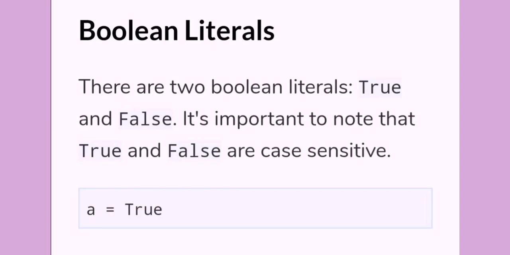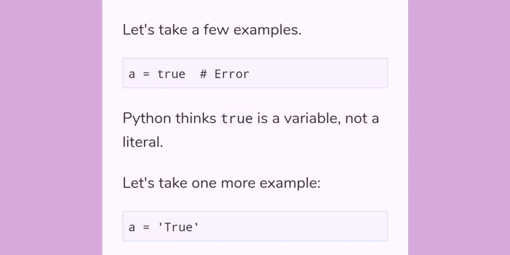Now we will see the Boolean literals. There are two Boolean literals, True and False. It is important to note that True and False are case sensitive. In this picture you can see the variable a stores the value True. Here we have assigned True to the variable a. Let's take a few examples.